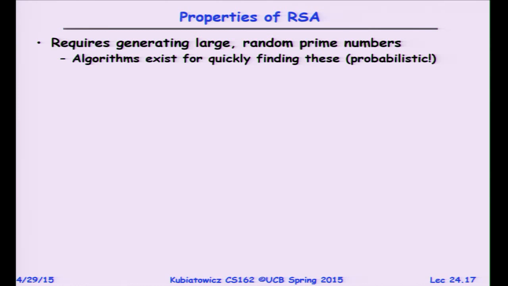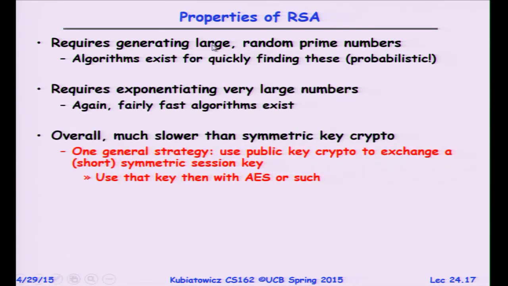Yes. So basically the process of generating an RSA public key involves generating two really large random prime numbers and then multiplying them together and generating some other things with them. There's exponentiation that's involved here, which is mathematically intense, but people have a good handle on it.